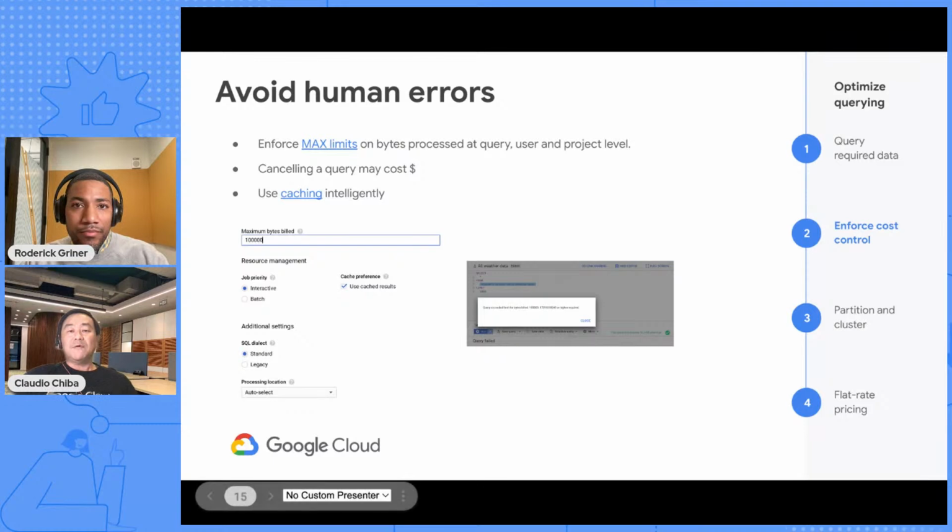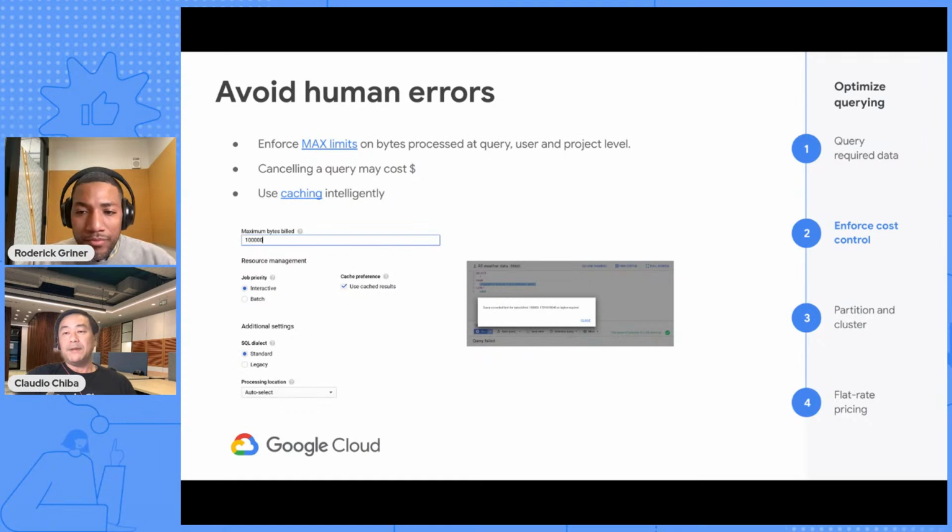So you can enforce the limits. There's a question that someone sent, whether it's possible to limit for different groups. It's not possible yet. All the limits are per query.